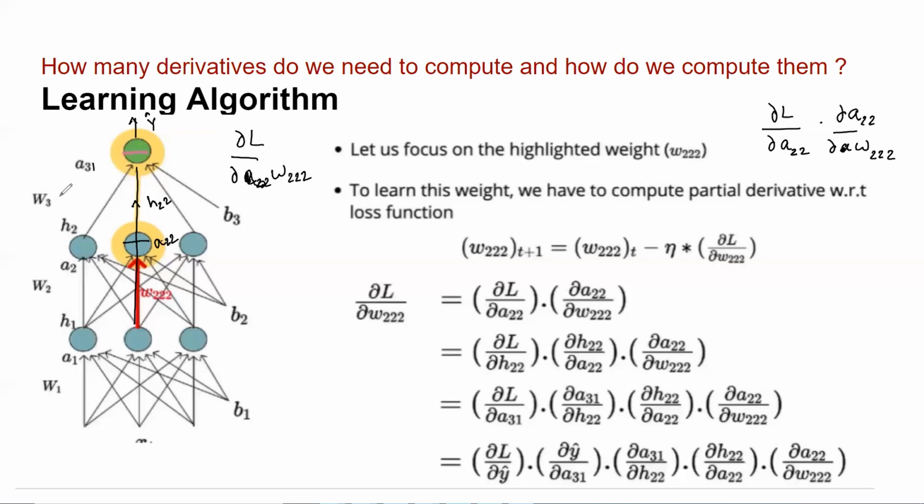So dL by dy cap, into dy cap by dA31, into dA31 by dH22, into dH22 by dA22, into dA22 by dW222. You're absolutely correct. So that would be the exact expression we will be writing.